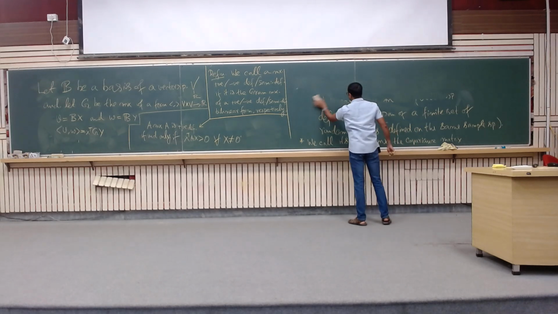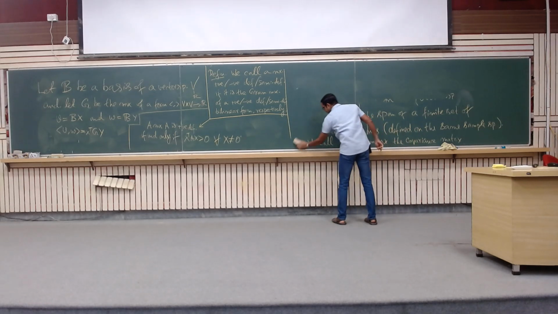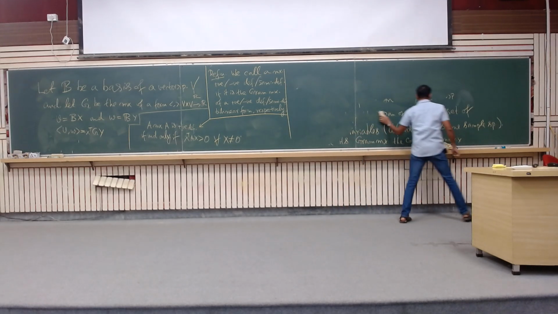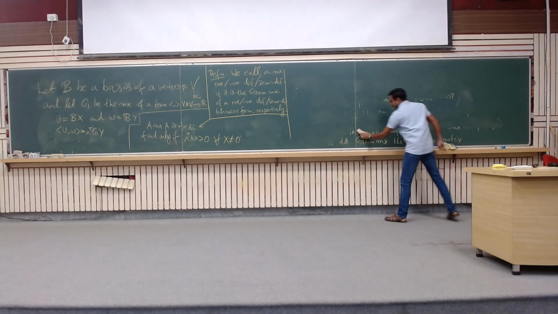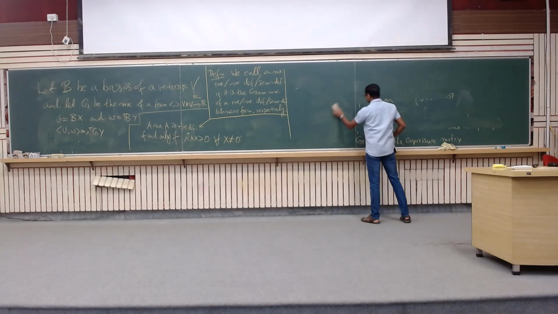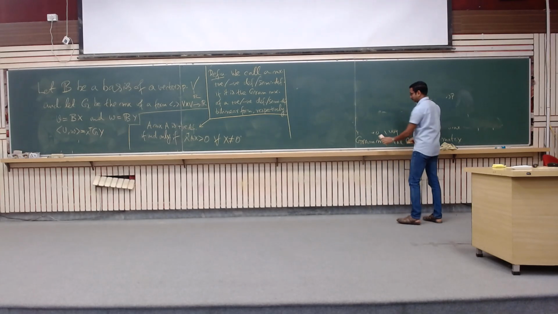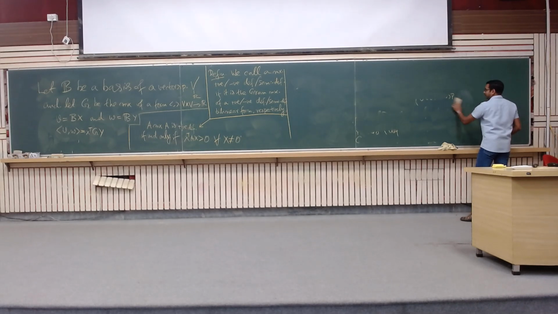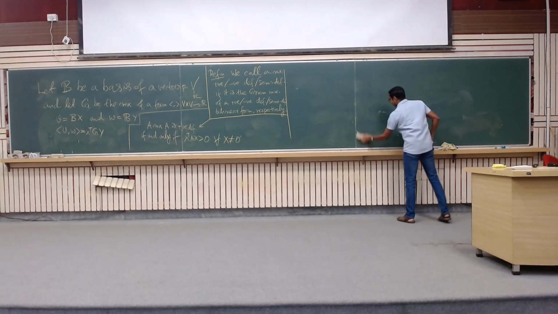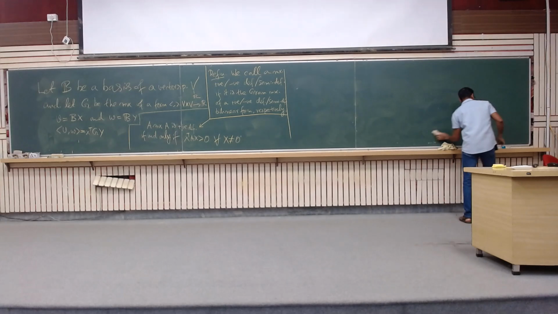Now, in the last class we have seen that if the usual dot product on Rn is represented by some other matrix, it should be of the form P transpose P. Wonderful. So let's write it down here.